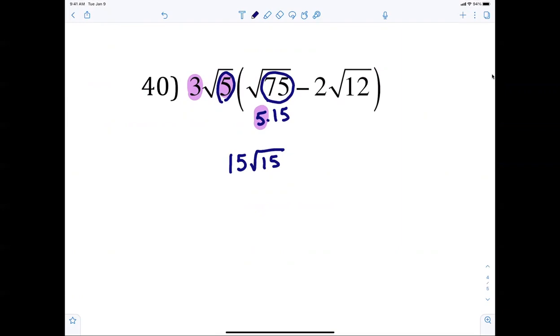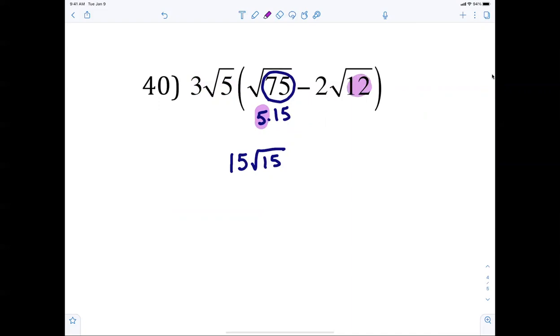All right. Now, over here, with the 5 and the 12, is there anything common with 5 and 12? No. However, there is in 12 a perfect square. What's the perfect square? 4.